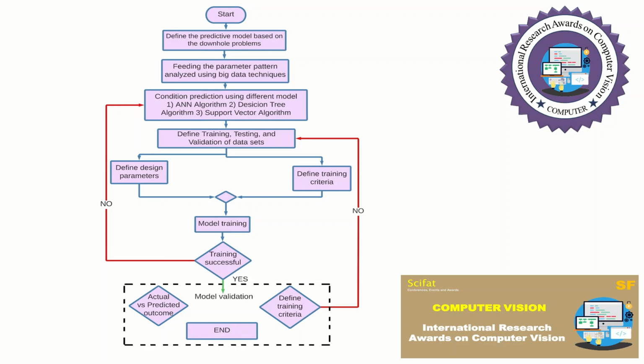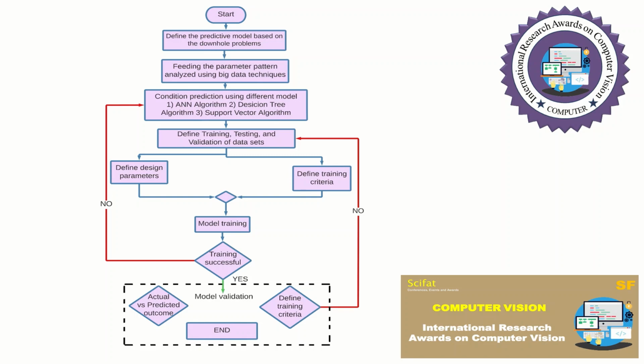Then condition prediction using different models, in which ANN algorithm, decision tree algorithm and support vector will be used. Using these, definition of training, testing and validation sets will be done.